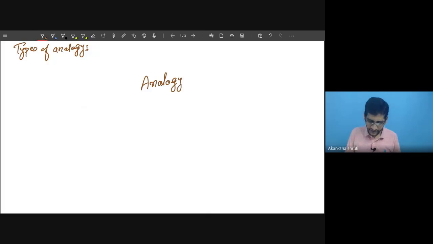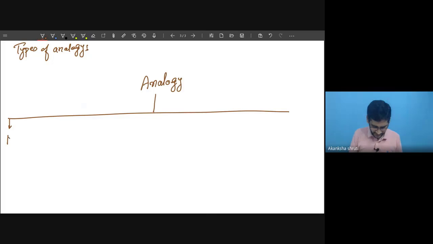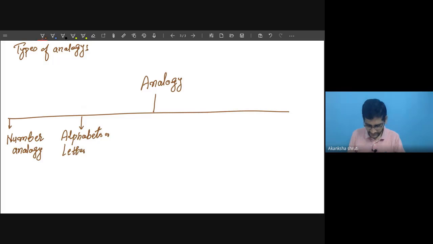The very first one is called number based: one number is related to another, then in the next pair one will be unknown that we have to calculate. The other could be character or alphabet, so it could be alphabetic or letter analogy.